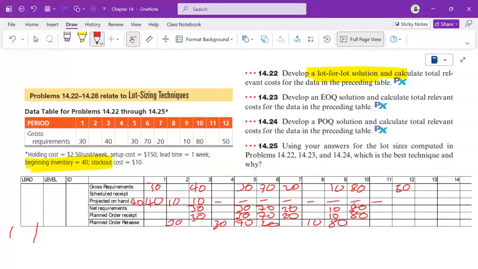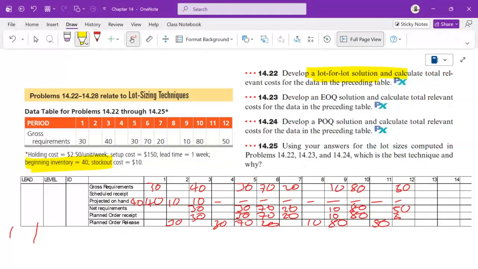It's lot for lot. You don't order what you like. You order what is required. Please don't get it wrong. 50. Just like that.